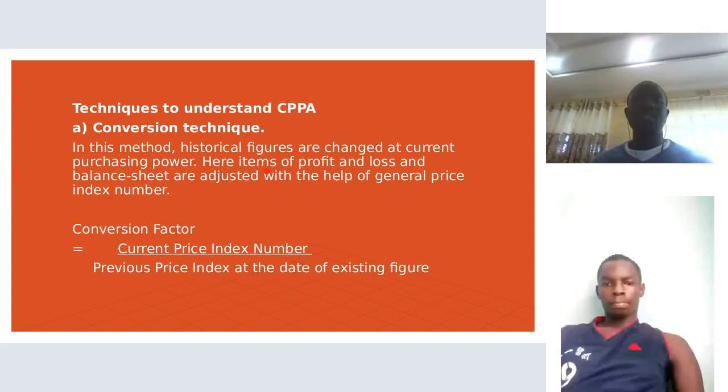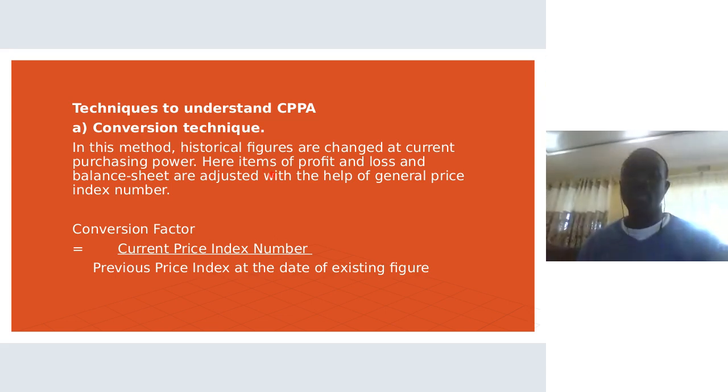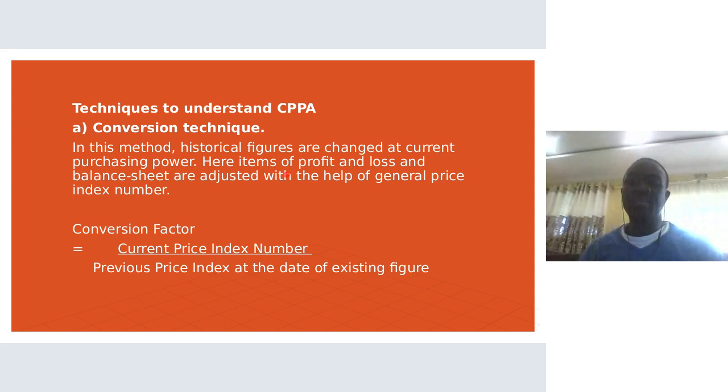In this case, the items in the profit and loss and also in the balance sheet are all adjusted with the help of a general price index.